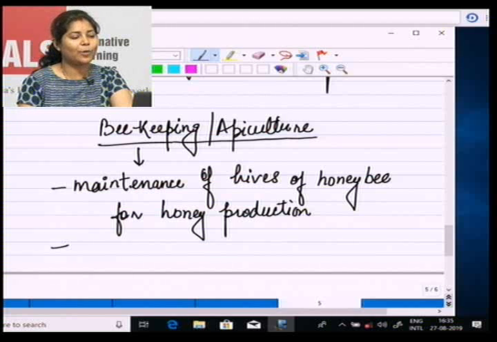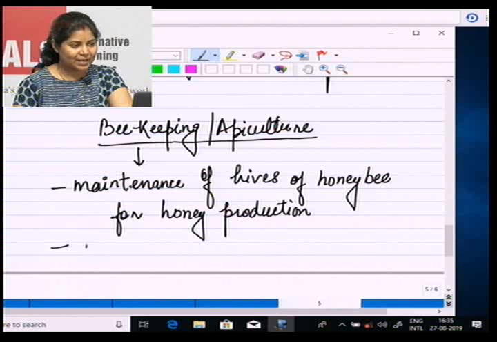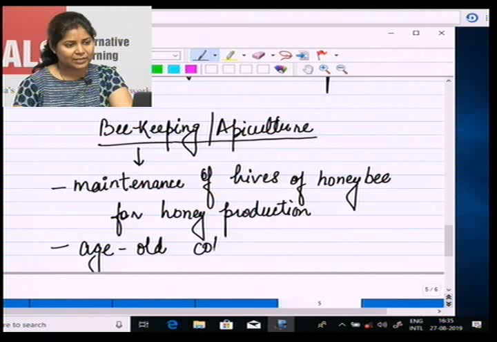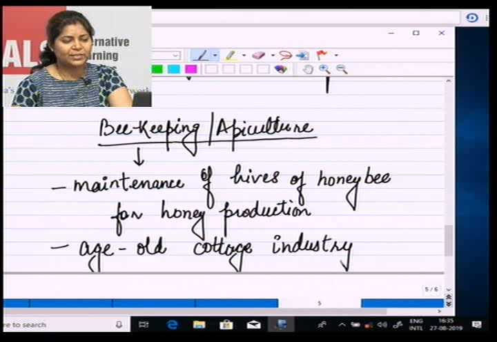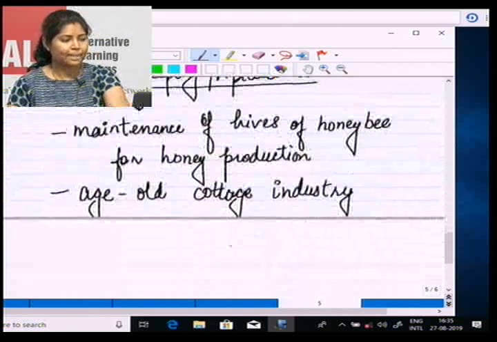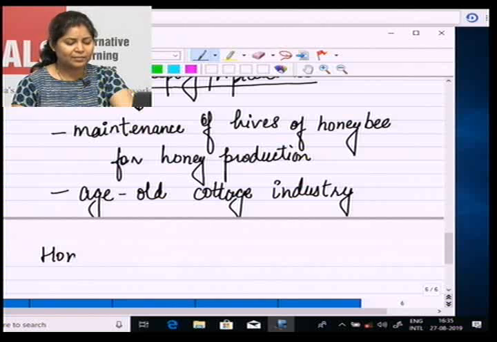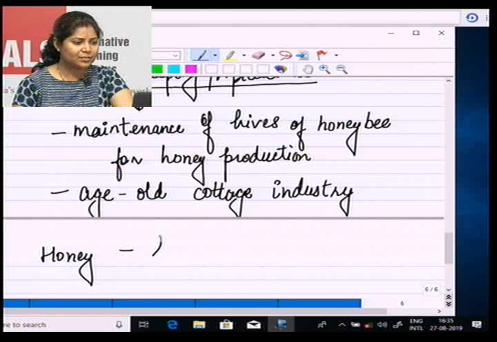Yes, Senapati. So how do you find it? Nice. This is an age-old cottage industry. Cottage comes under small scale industry. And why do we prefer honey? Any reason?